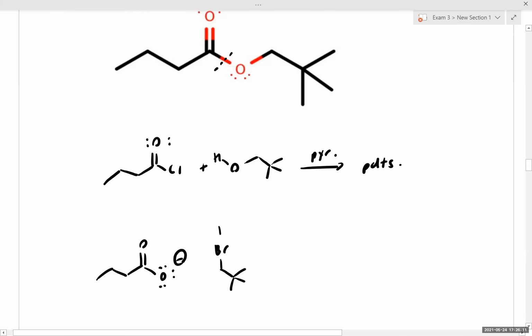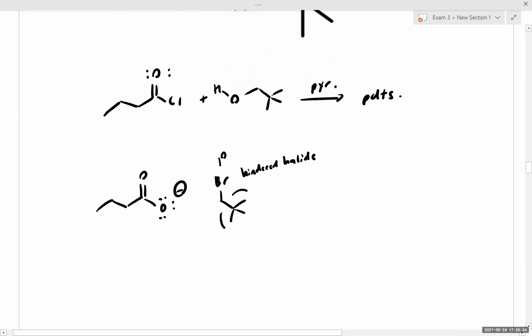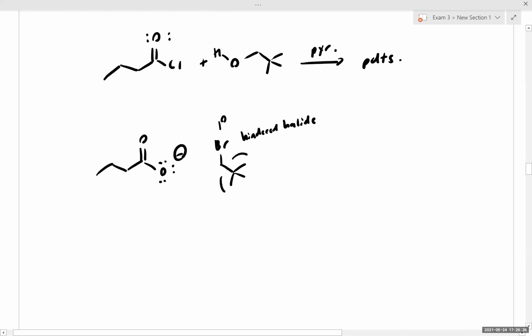Mainly because although this is a primary alkyl halide, it's a very hindered halide. Thankfully, this substrate can't undergo elimination, so the carboxylate method's not unreasonable, it's just not the best. You'd see substantial side reactions.